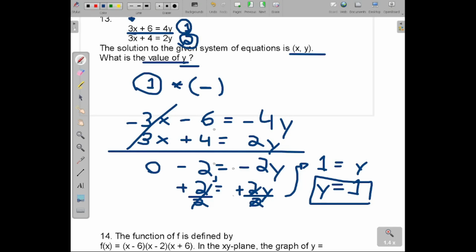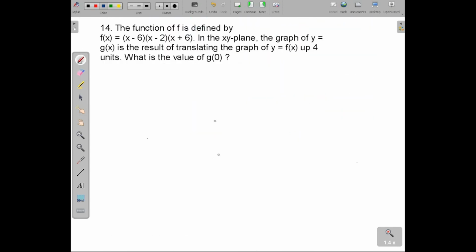14. The function f is defined by f of x equal to x minus 6 times parenthesis x minus 2 times parenthesis x plus 6. In the xy plane, the graph of y is equal to g of x.